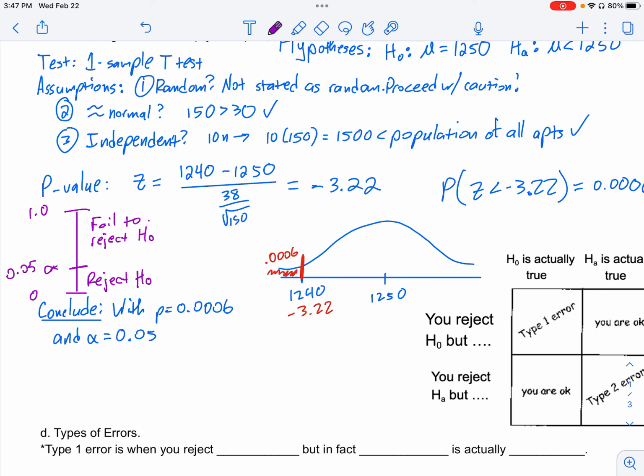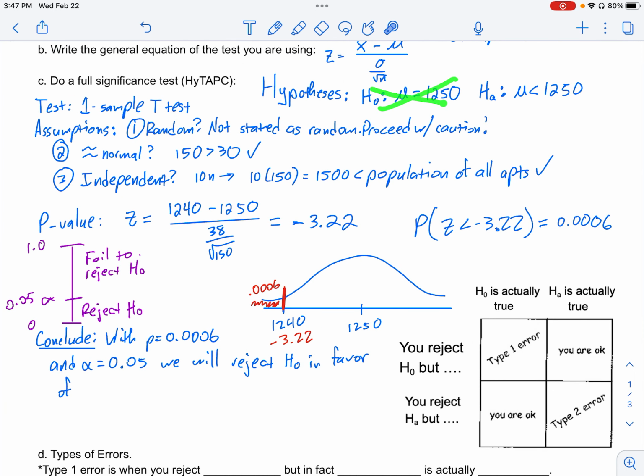Okay, so let's finish it out. With p of 0.0006 and alpha of 0.05, we will reject H naught, H null. H naught is a fancy way of saying H sub 0. We will reject the null hypothesis in favor of, and if we're rejecting this, then we are in favor of this, right?